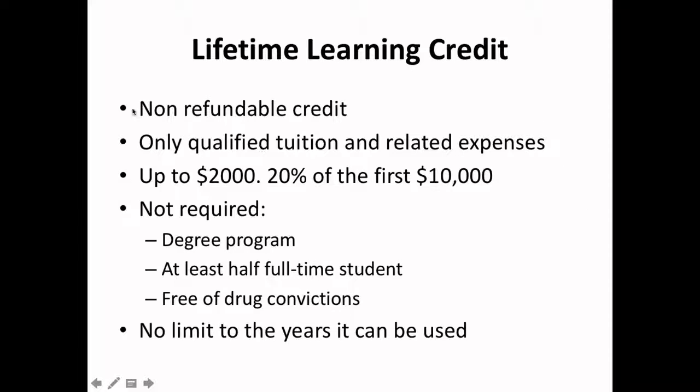It's not going to be in my refund. Okay, it's a credit that goes against my taxes. If you didn't pay enough taxes, this credit is going to help you. Only qualified tuition and related expenses. Up to $2,000, 20% of the first 10,000. Okay, and I'm going to show you how that works in a minute.